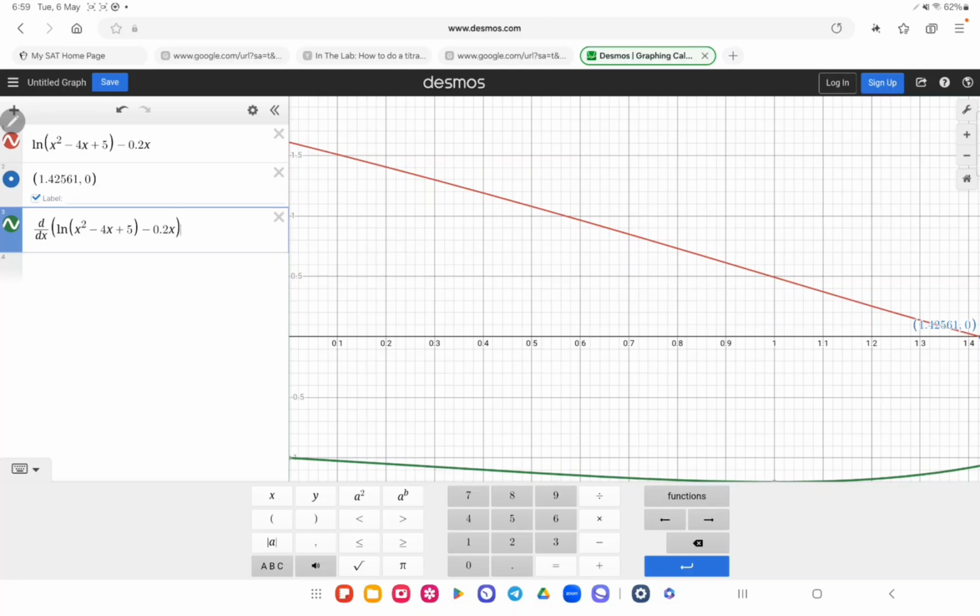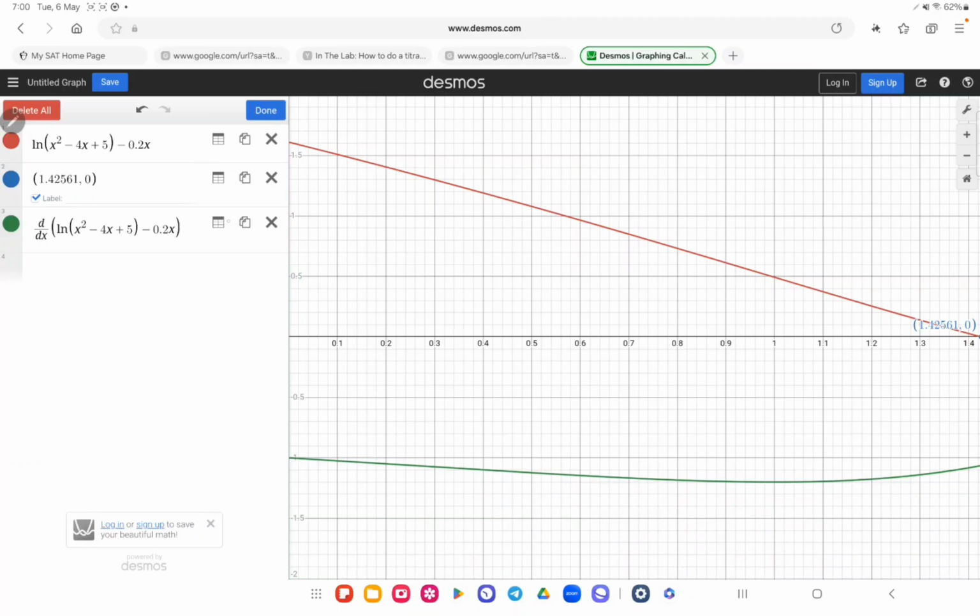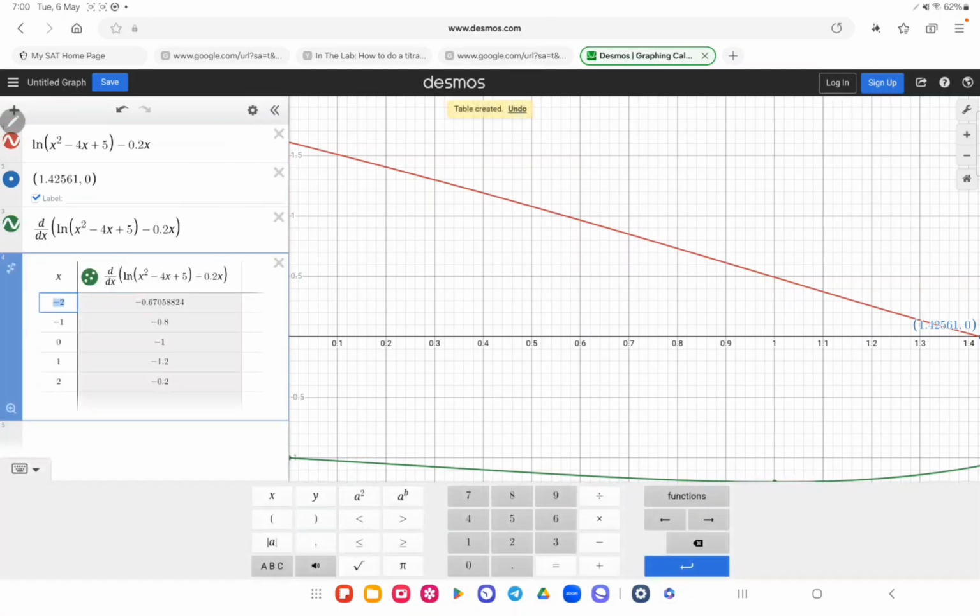So I'm going to go ahead and click on the settings, click on the table, and write 1.5. And my acceleration is equal to -1.